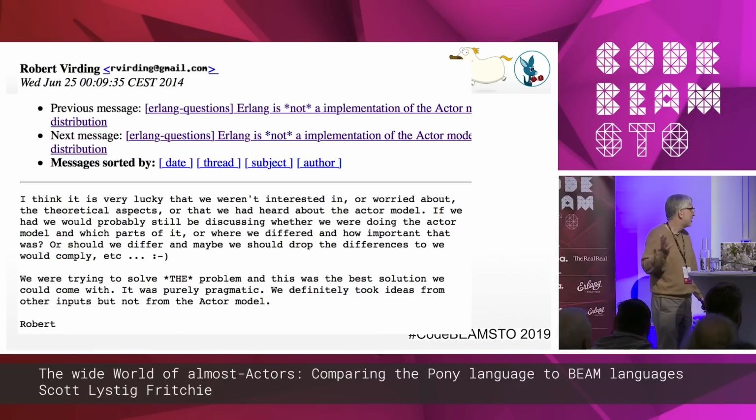And we took ideas from other inputs. Both Robert and Joe Armstrong were in on this thread, replying about where they got their inspiration from, like Smalltalk systems, for example, or Plex was also mentioned, an earlier language from Ericsson.